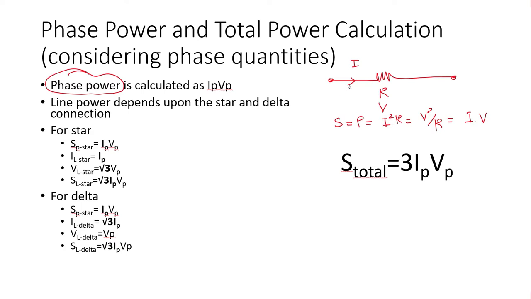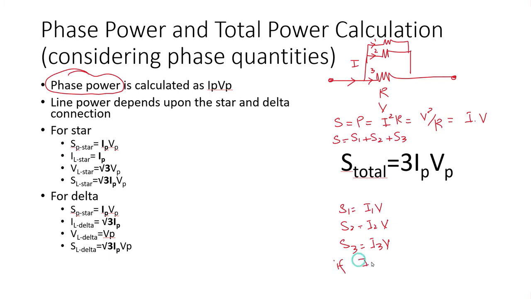So if we have, let's say, three resistances here, and this is I1, I2 and I3, now the total power will be S is equal to S1 plus S2 plus S3, whereas S1 is equal to I1V, S2 is equal to I2V, S3 is equal to I3V.